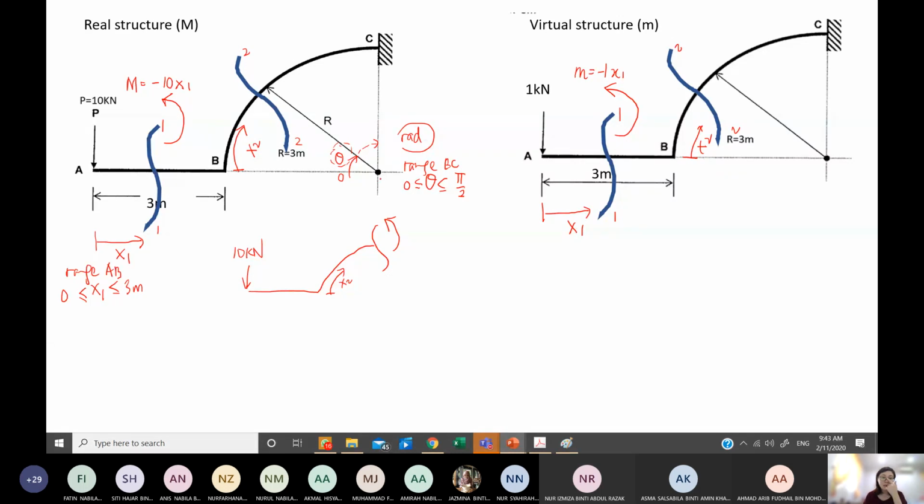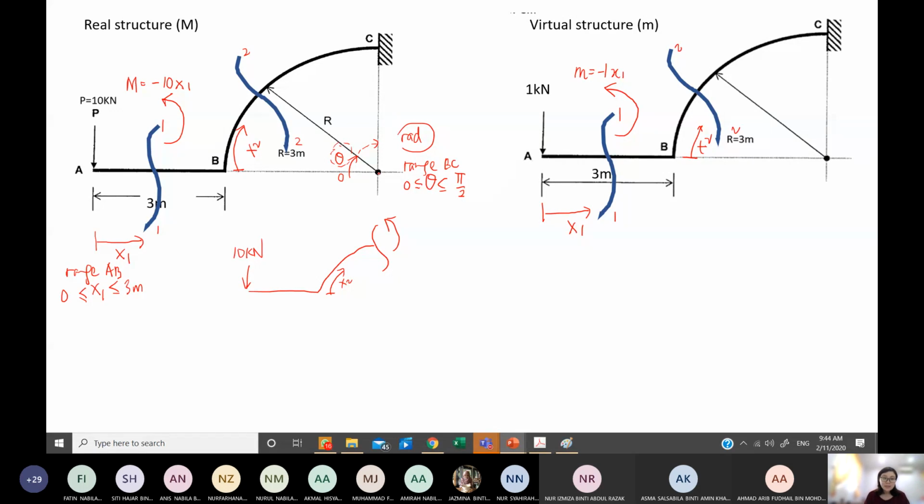Now, even though we are looking at this theta for the range, because we are going to use cos theta or sin theta in our equation, when we deal with getting a moment, we're still looking at the distance perpendicular to the loads.